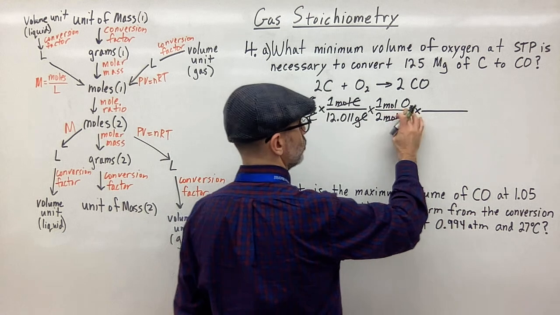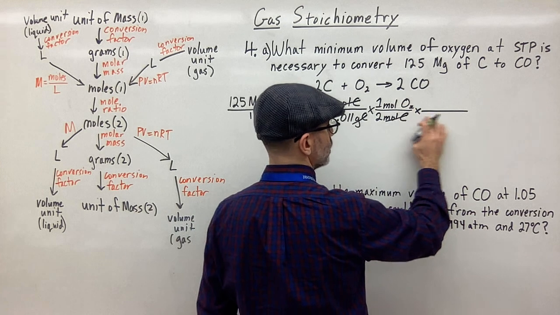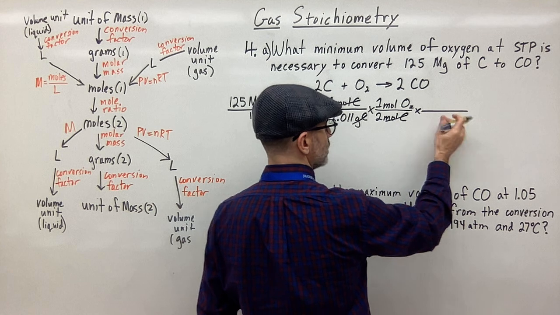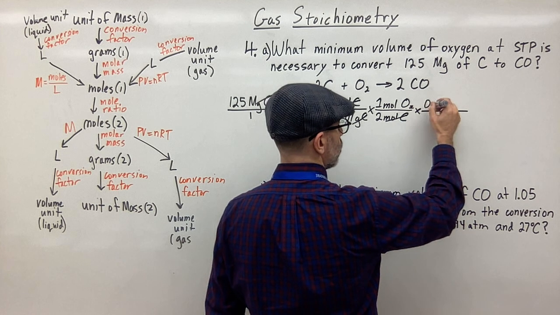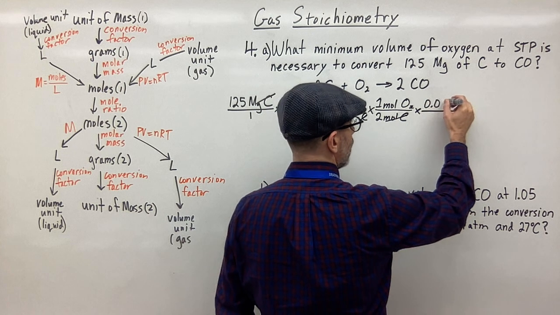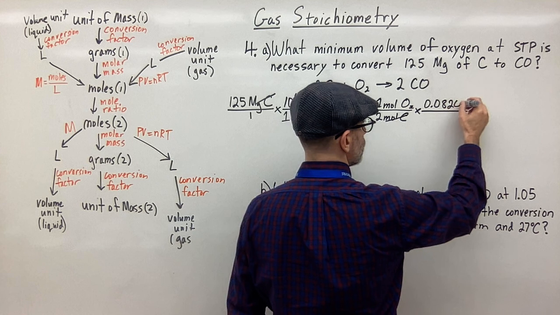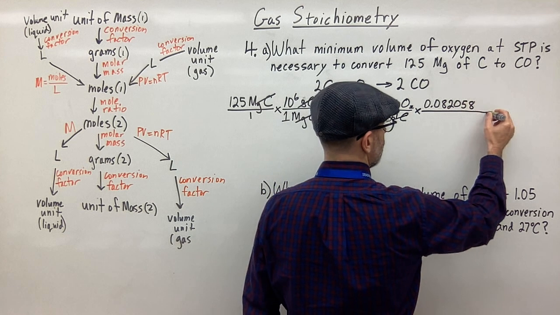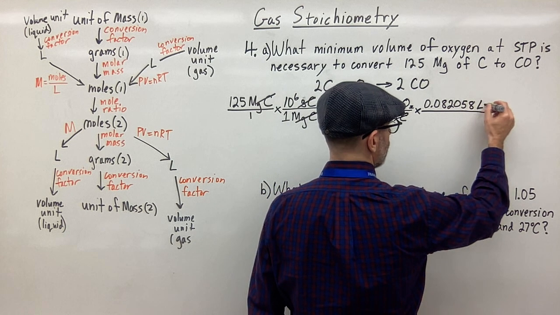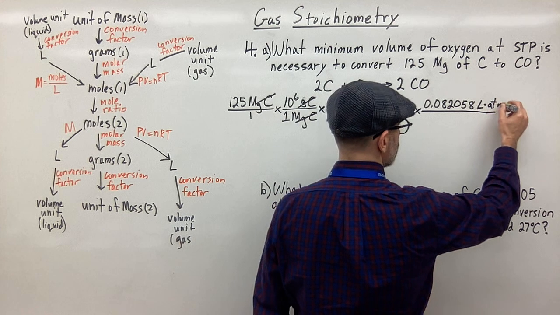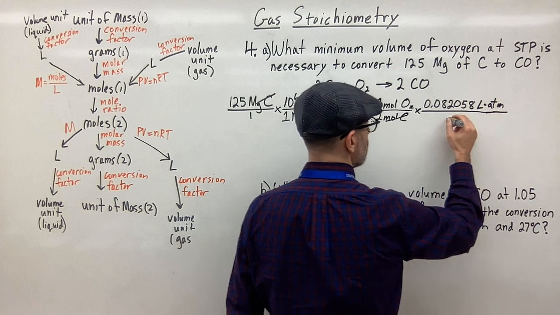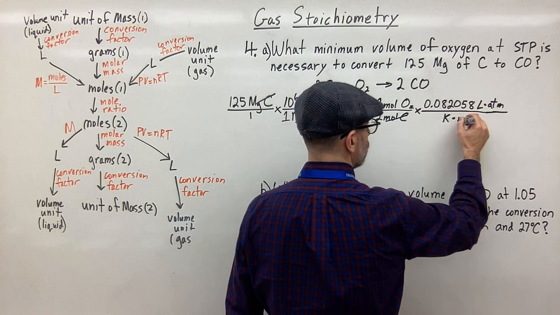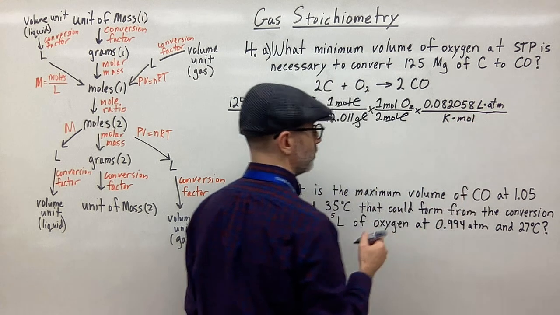Since I have moles on the top here, I want moles on the bottom for my ideal gas law constant. So we're going to put 0.08206, and that's going to be liter atmospheres on top, and it's going to be Kelvin mole on the bottom.